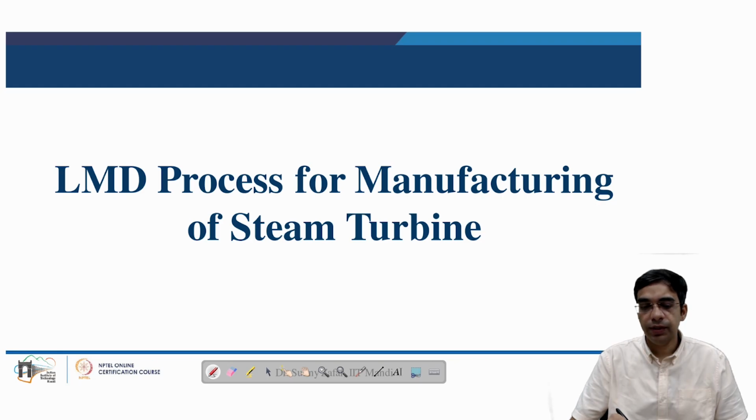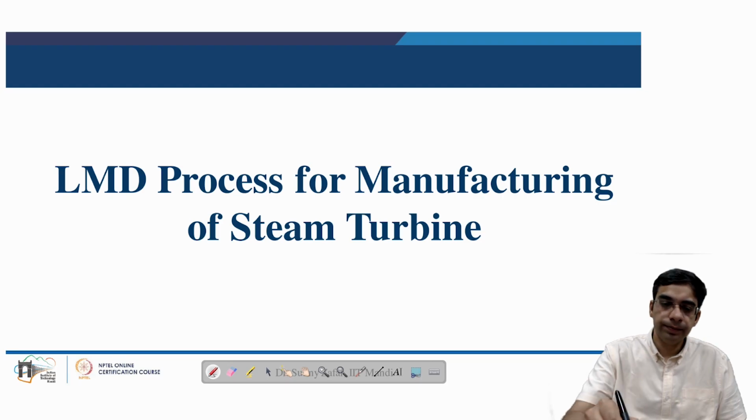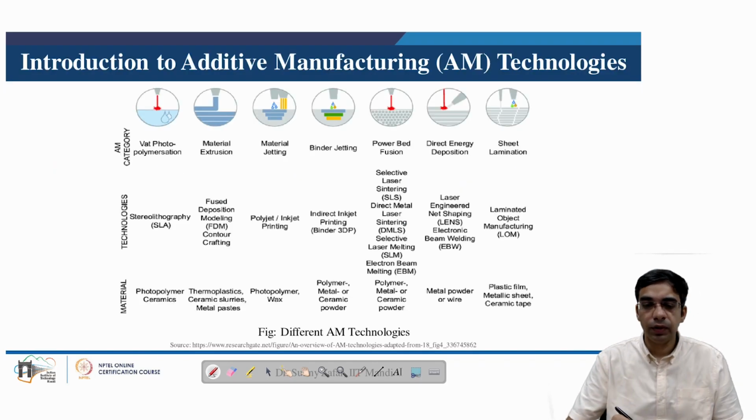First we start with laser metal deposition for manufacturing of steam turbine. The LMD process is one of the additive manufacturing technologies, and as we know, additive manufacturing technologies rely on the fact that the manufacturing of the product is done in a layer by layer fashion.